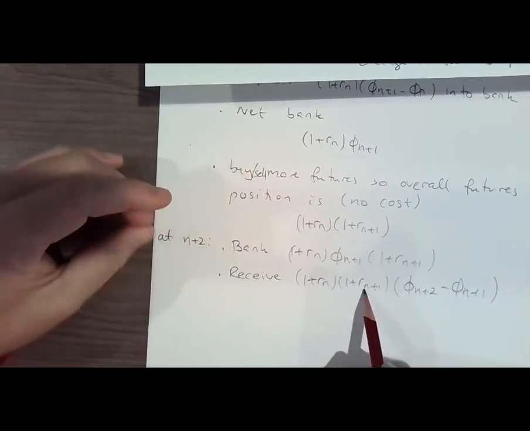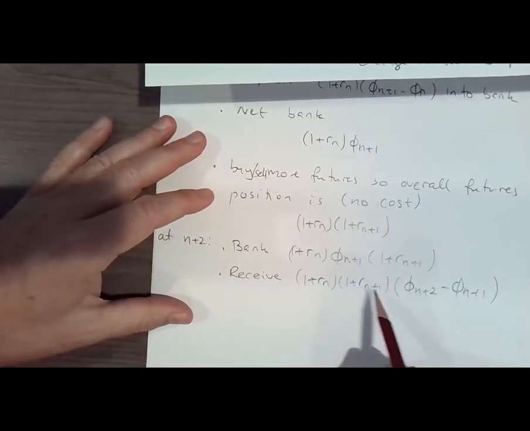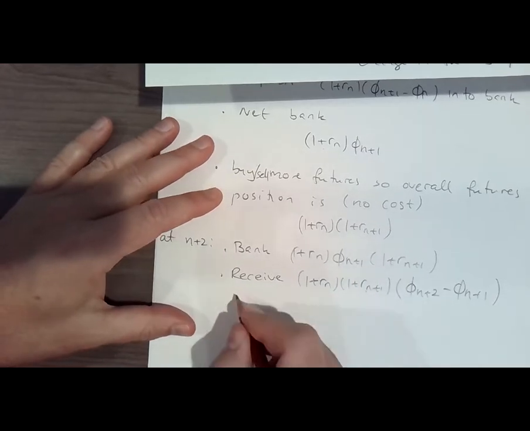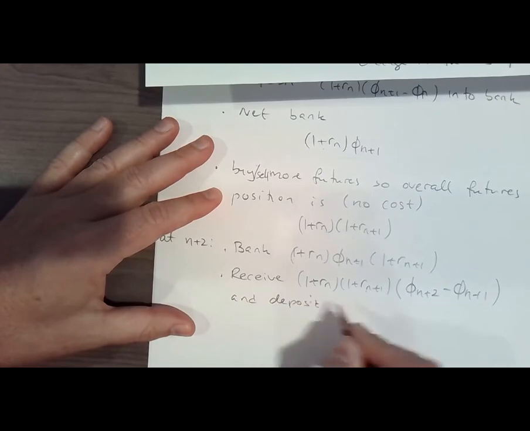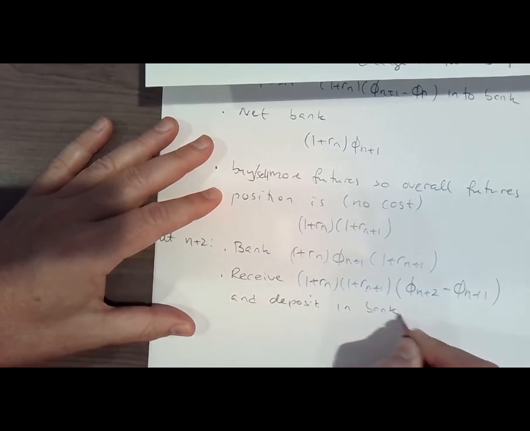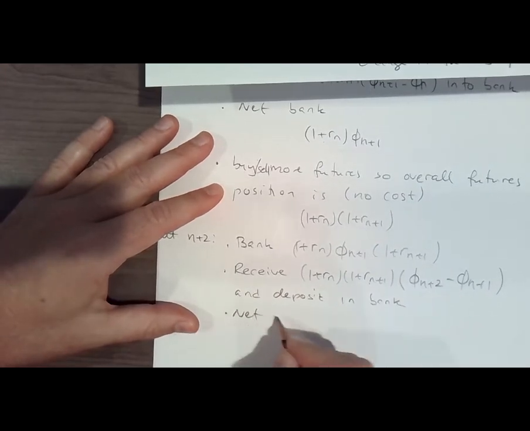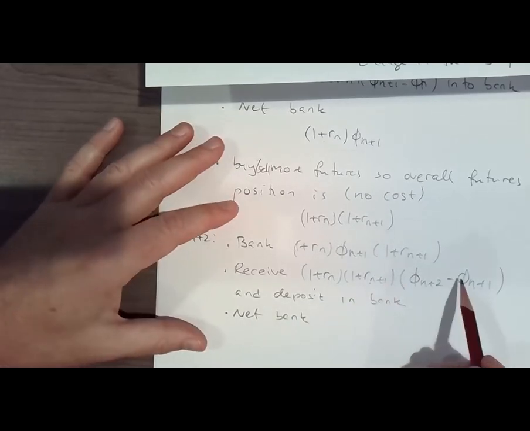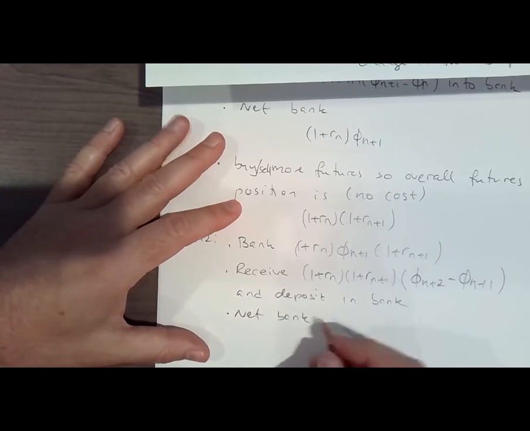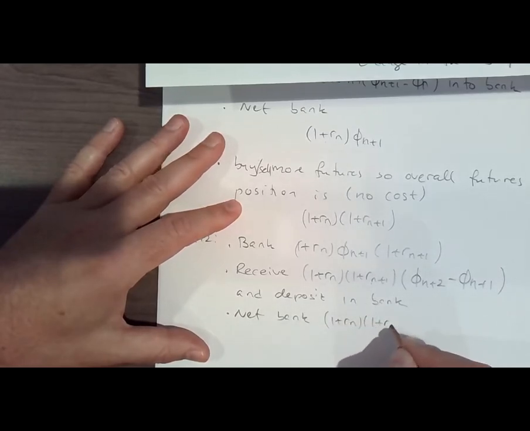This is what we're going to receive, and we're going to deposit it in the bank. You add this quantity and that quantity together, and you can see this one comes with a minus sign. So the net bank will be 1 plus Rn times 1 plus Rn plus 1 times phi n plus 2.